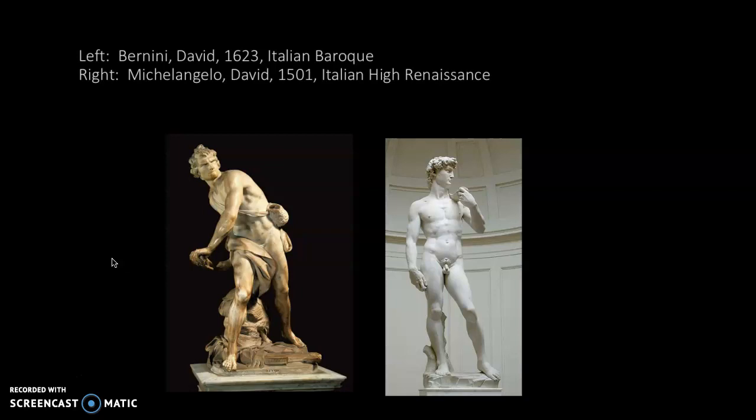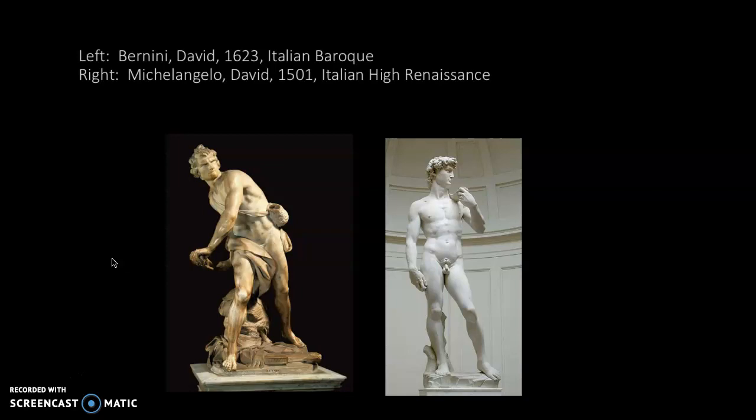And also, Bernini is depicting yet another moment of the battle. I think if we take Donatello, Michelangelo, and Bernini all together, what's so significant is which moment of the story of David and Goliath they choose to depict.